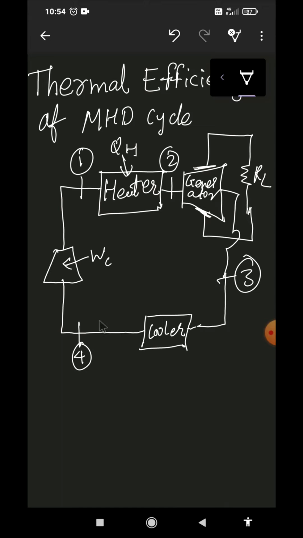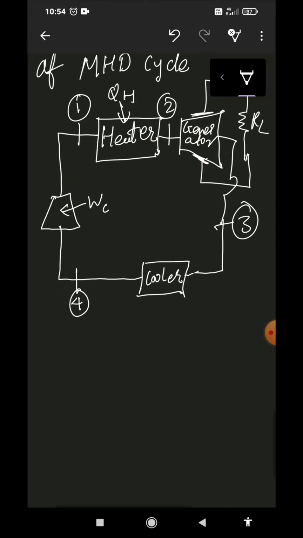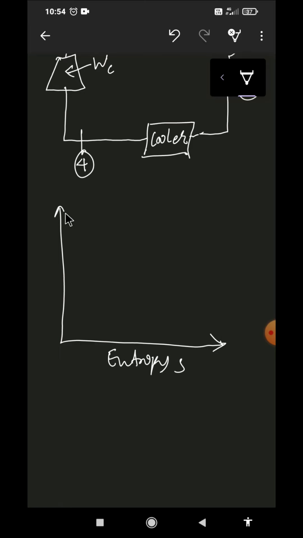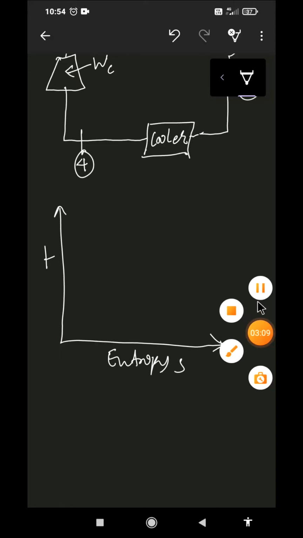Now let's draw the TS diagram for this MHD cycle. On the x-axis is entropy S, and on the y-axis is temperature T. From 1 to 2, heat is being added, so temperature increases.